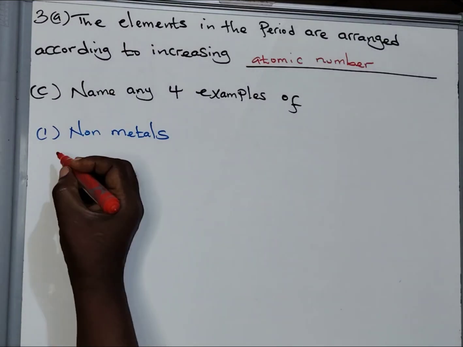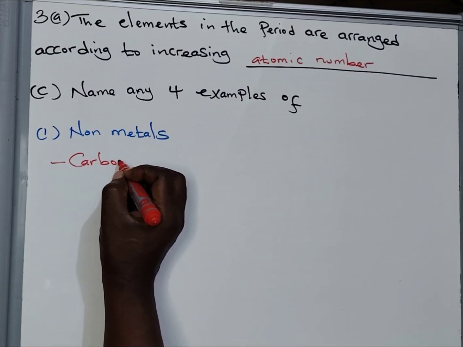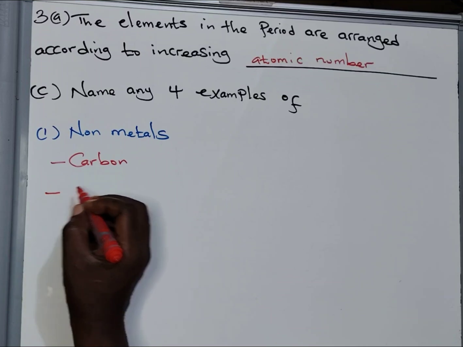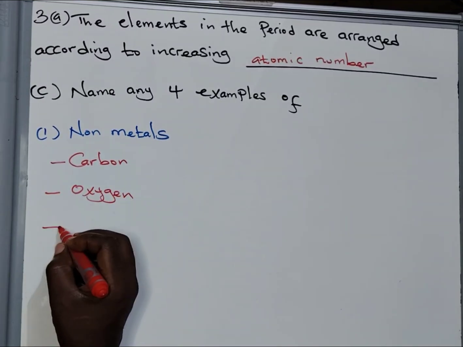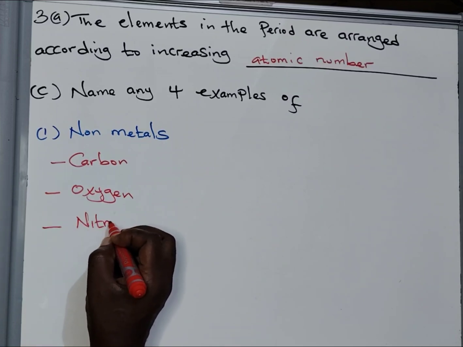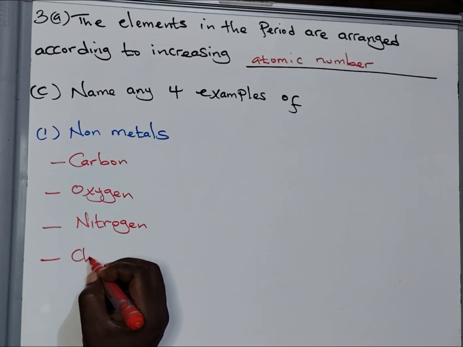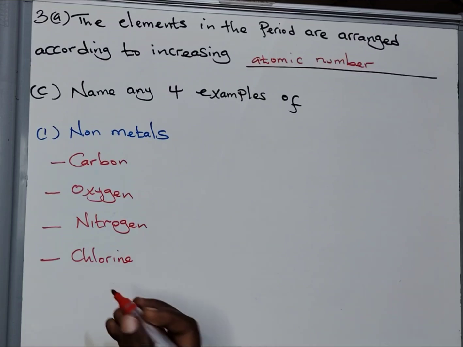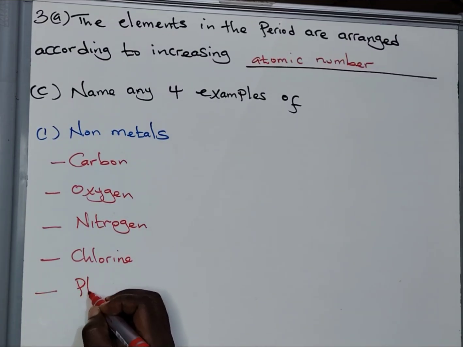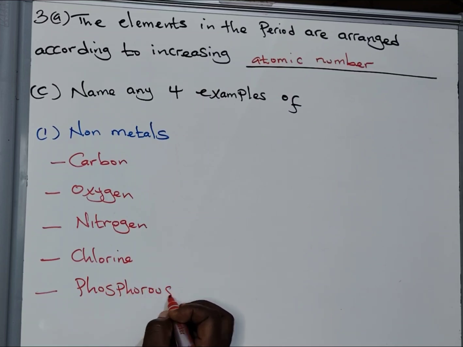It has elements like carbon, oxygen, nitrogen, chlorine. There are many. Phosphorus, and so on and so forth.